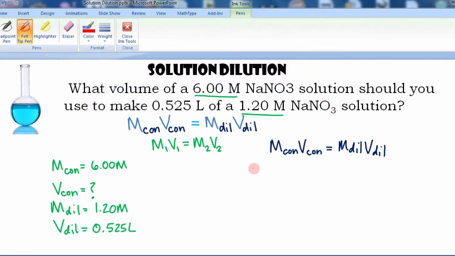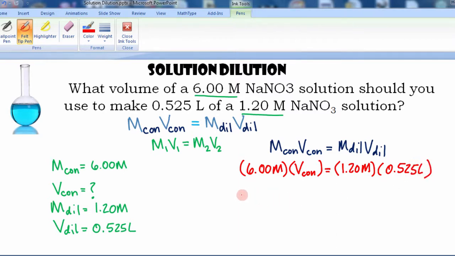Let's put our values in. We have 6.00 molar times the volume of the concentrate that we don't know is equal to 1.20 molar times the volume of the dilute, 0.525 liters.